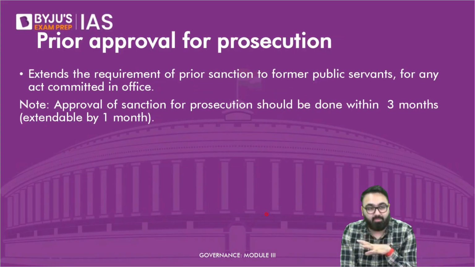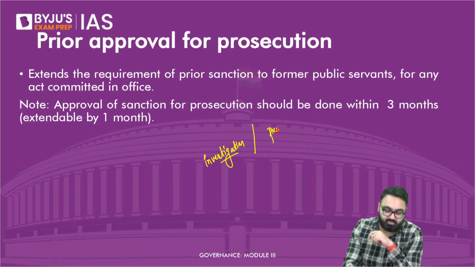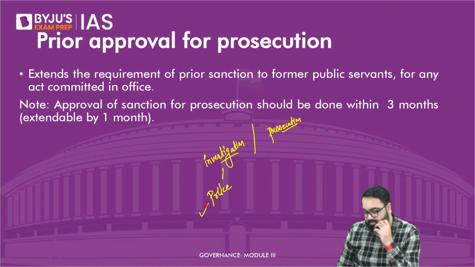Now, the problem is there is something called investigation, and then there's something called prosecution. These are two different things. Investigation is to be done by the police, for which you require government's permission.